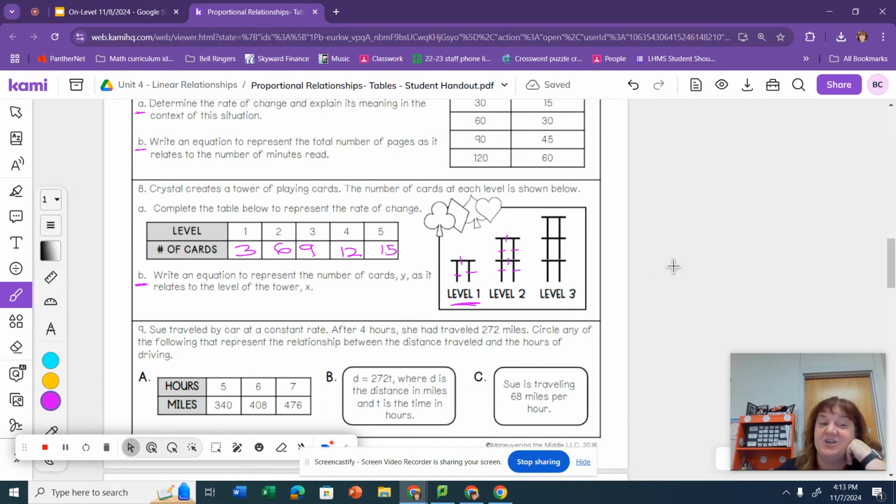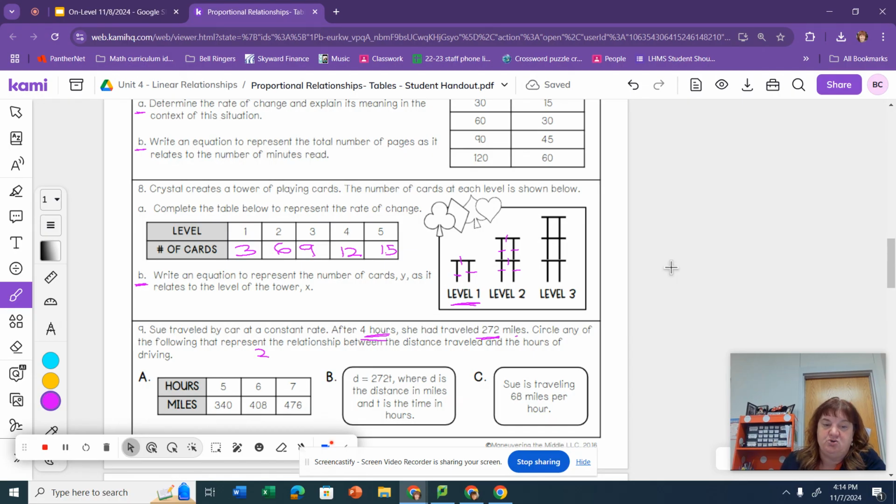Now our last question. Sue traveled by car at a constant rate. After 4 hours, she traveled 272 miles. Circle any of the following that represents the relationship between the distance traveled and the hours driving. Okay, so 4 hours, and she traveled 272. So what we're going to do is see how many miles per hour.